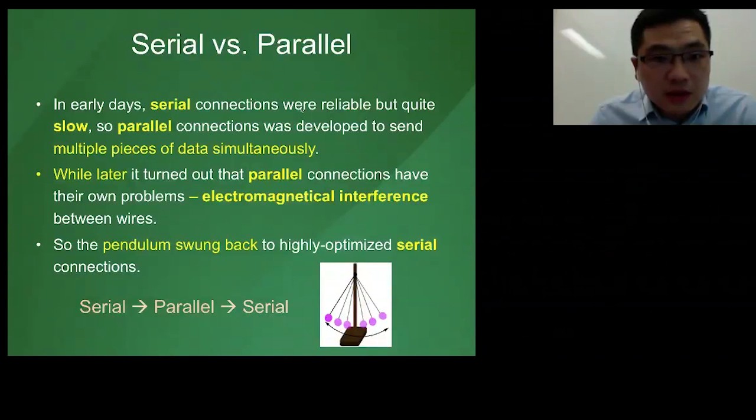The biggest problem is the electromagnetic interference between wires. So then the pendulum swung back to serial connections again, but highly optimized. So later we can see why it's different.